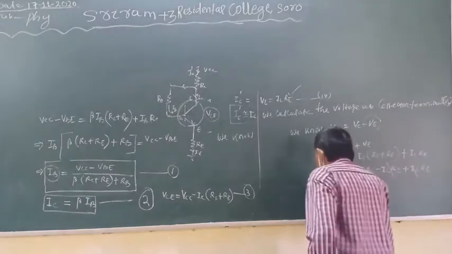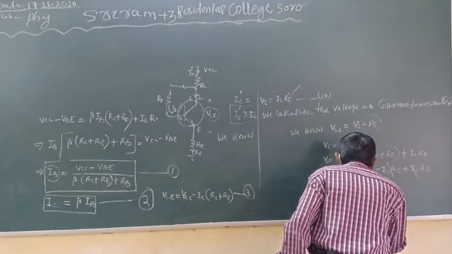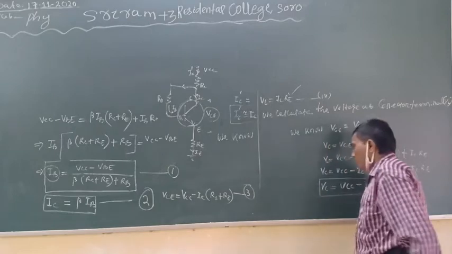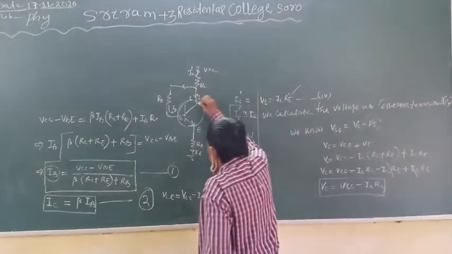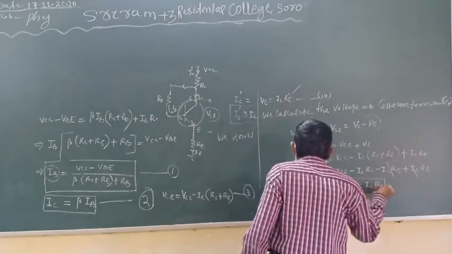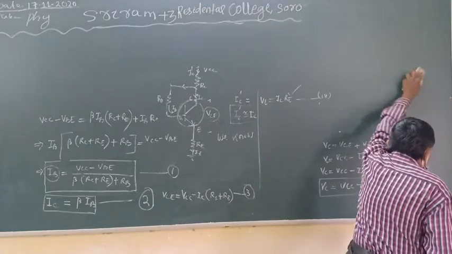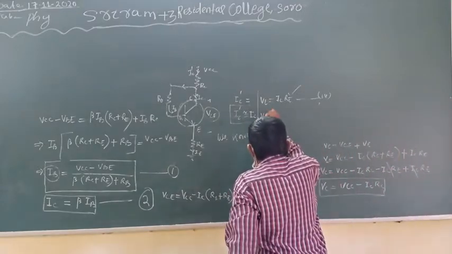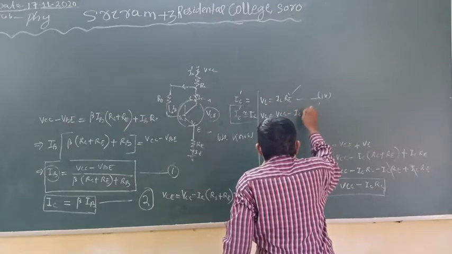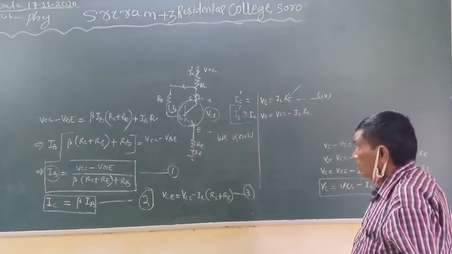Now we get VC equal to VCC minus IC RC. So this is the voltage at the collector point. Now we write this as equation number 5, VC equal to VCC minus IC RC. So this is the voltage at the collector point.